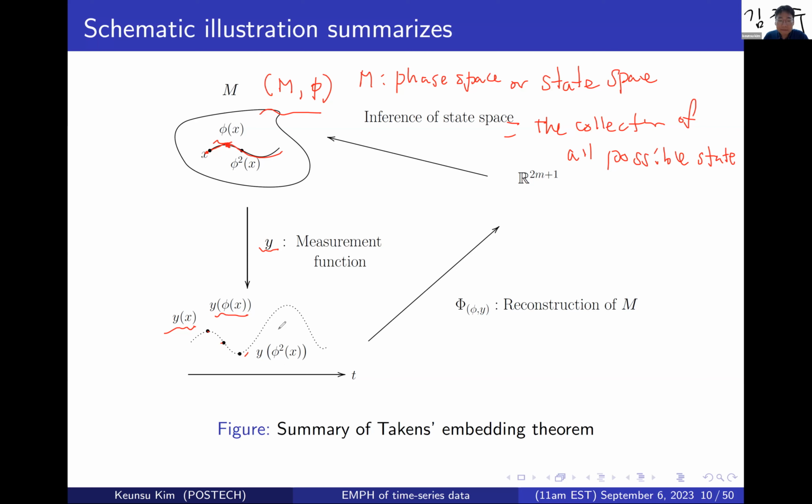The Takens embedding theorem tells us that from this time series data, we can reconstruct a manifold which is diffeomorphic to M. Therefore, we can infer or analyze the topology of this dynamical system.